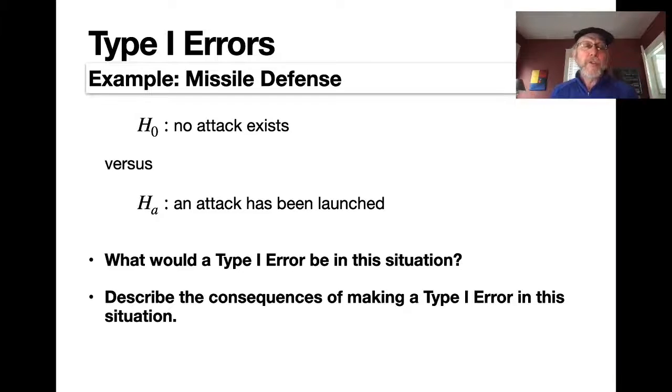And in this situation, that would mean reducing the probability of sort of accidentally launching a thermonuclear war. What we're going to see, though, is that there are costs to that. By reducing the probability of making a type 1 error, you inevitably increase the probability of making what we call a type 2 error.